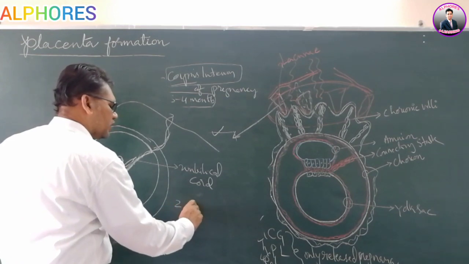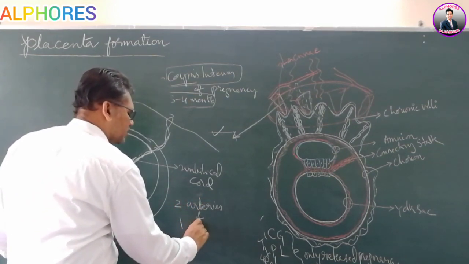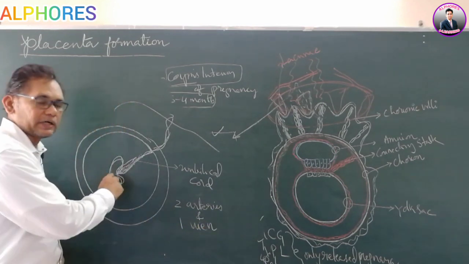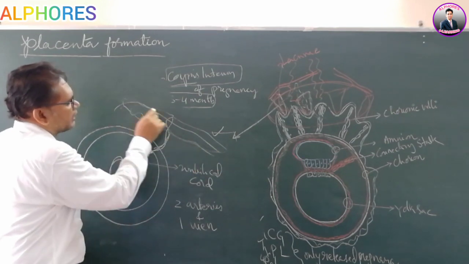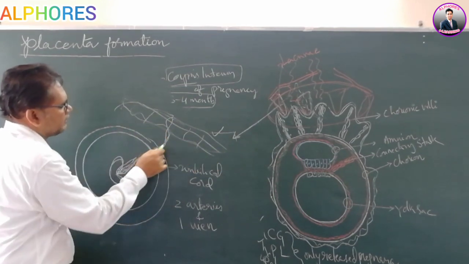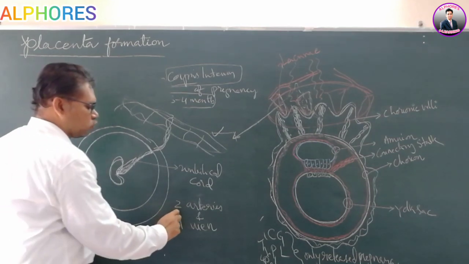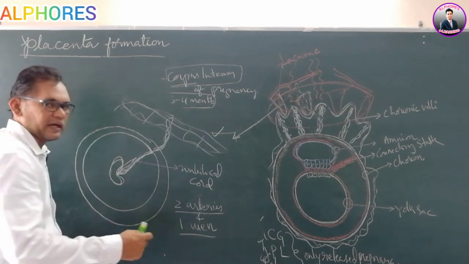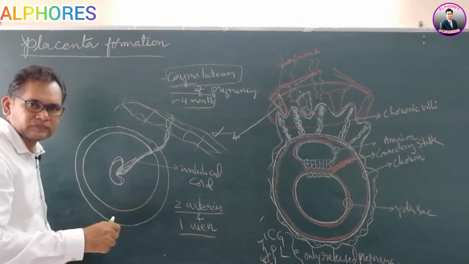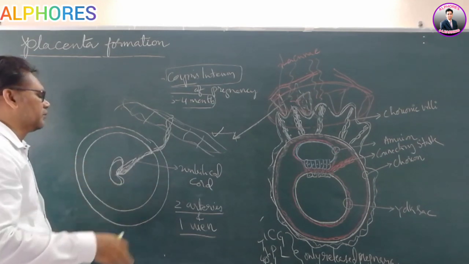It is connected to the uterine endometrium by this umbilical cord. Now the vein carries oxygenated blood. This is the umbilical vein but it carries oxygenated blood.